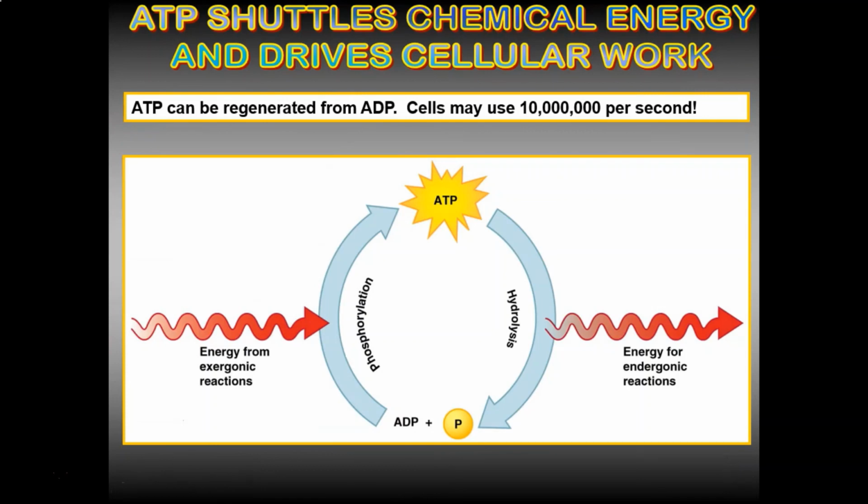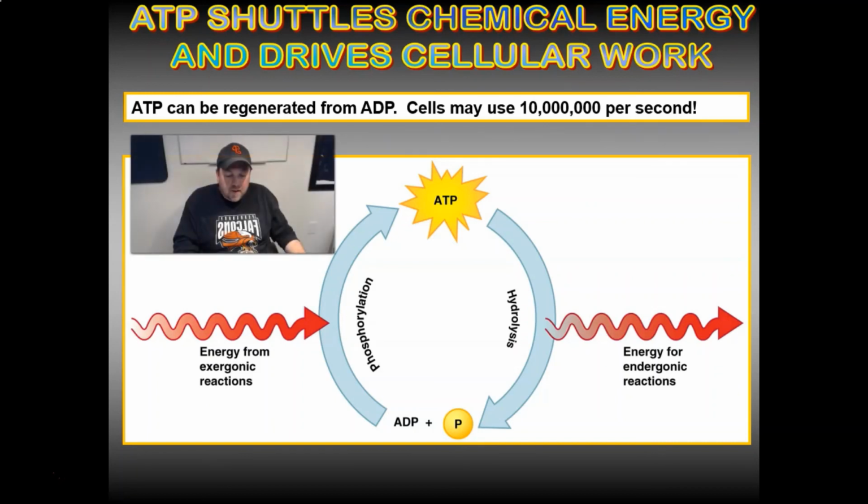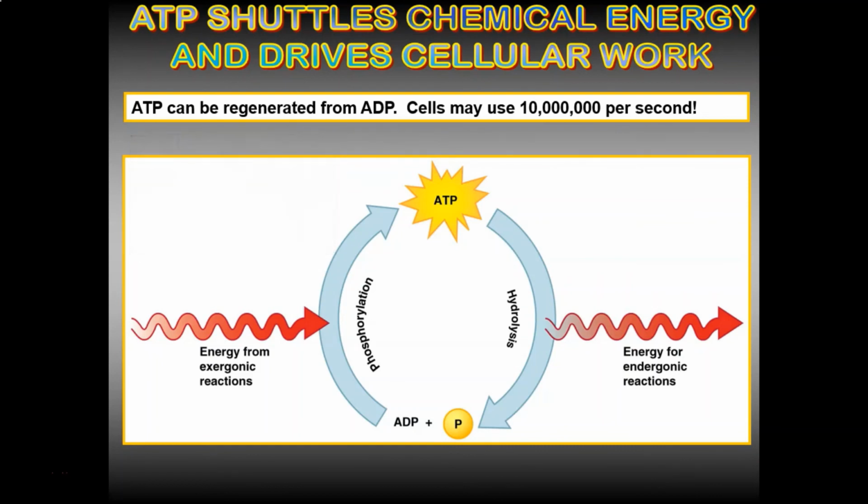Okay, and of course this is just showing you that you can regenerate it. If you're talking about cells like muscle cells that use a lot, you can use up to 10 million ATP per second. Per second. So crazy. Energy from exergonic reactions comes in, right? And phosphorylation happens. So ADP and P was formed. Hey, we're going to eat food right now. Why are we eating food?